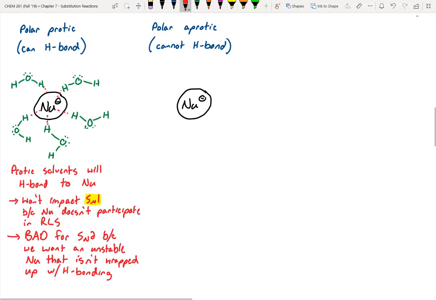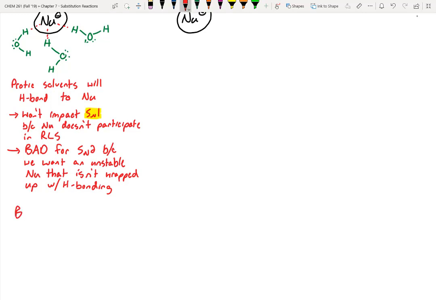So a polar protic solvent we said is bad for SN2, doesn't really make a difference in SN1. So polar protic solvents, what do you think they're best for? SN1, right? In this case, polar protic solvents are great for SN1 because they're really, really polar. H bonding solvents are incredibly polar, but it doesn't really matter about the nucleophile because it's not involved in the rate limiting step. All right, so let's make a note here that this is best for SN1.